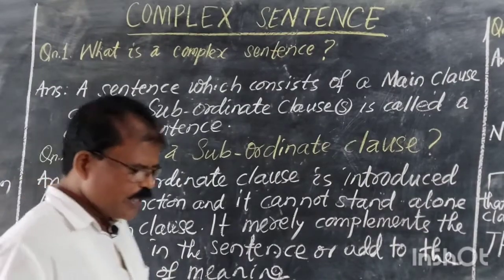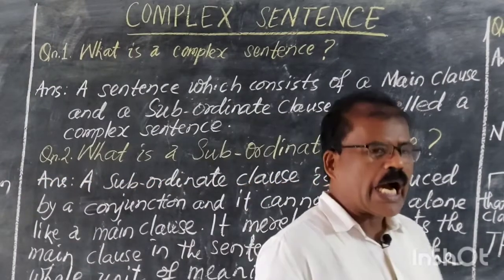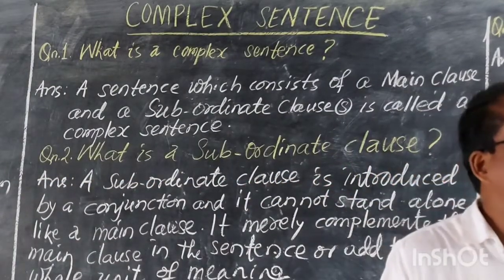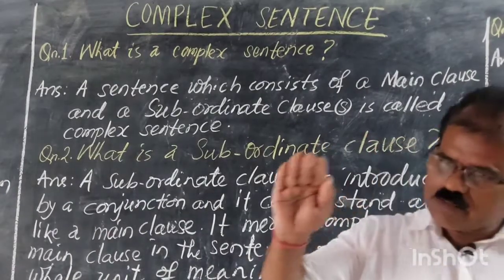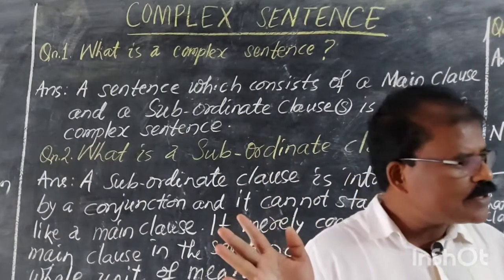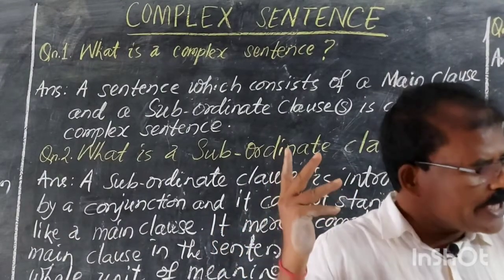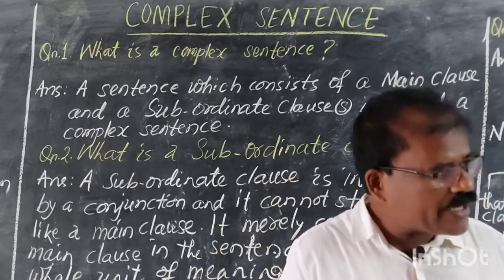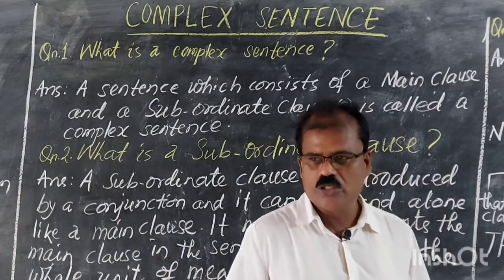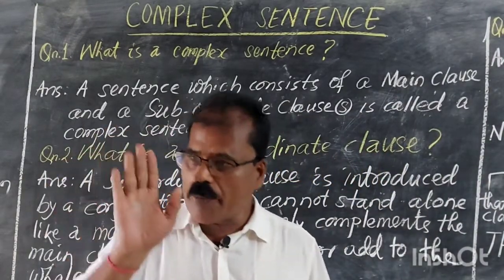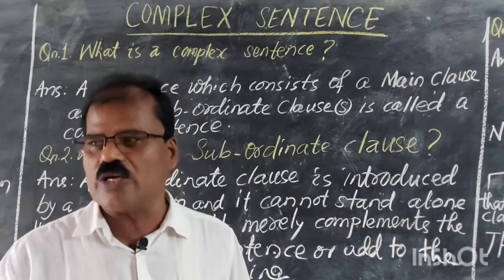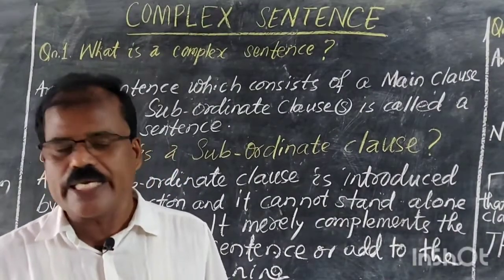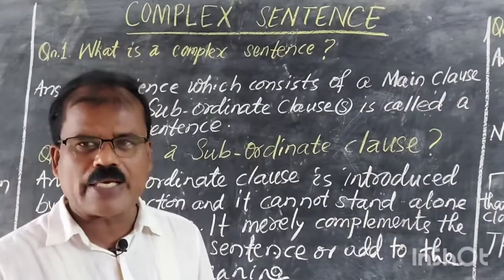That means a subordinate clause adds meaning to the main clause. It gives full meaning, it adds meaning to the main clause. Okay? So subordinate clauses are dependent clauses. They cannot stand alone like the main clause.